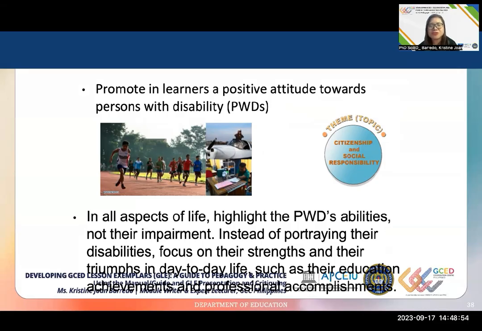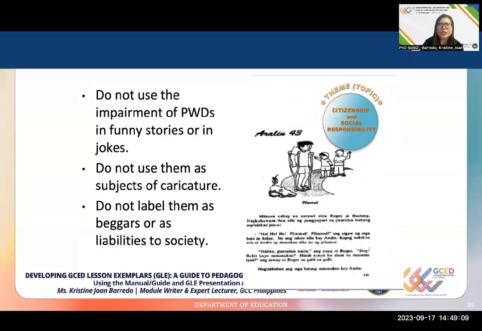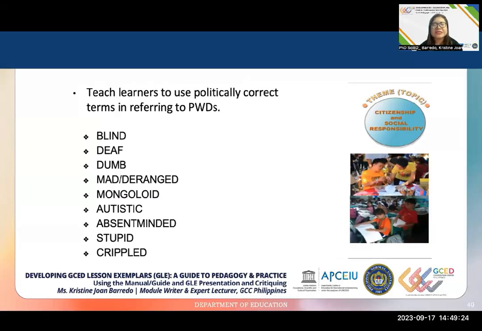Highlight the PWD's abilities, not their impairment. Instead of portraying their disabilities, focus on their strengths and their triumphs in day-to-day life. So do not use the impairment of PWDs in funny stories or in jokes, and do not use them as subjects of caricature. Do not label them as beggars or as liabilities to society. Teach learners to use politically correct terms in referring to PWDs.